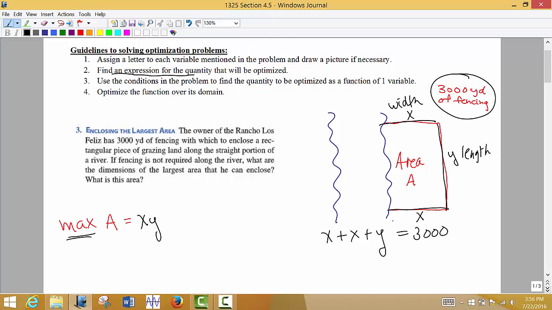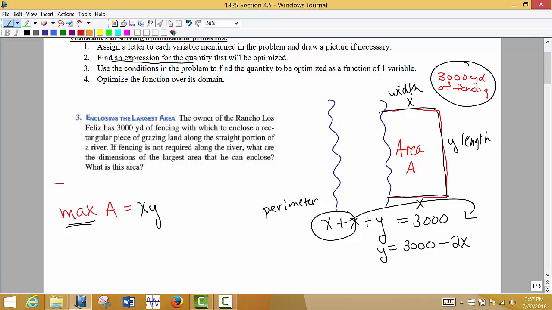This is helpful because we can rearrange this equation that deals with the perimeter. We can rearrange this to be Y by itself on one side. So let's do that. Y equals 3,000. We're going to move these two X's to the other side of the equation, so that becomes a negative 2X.